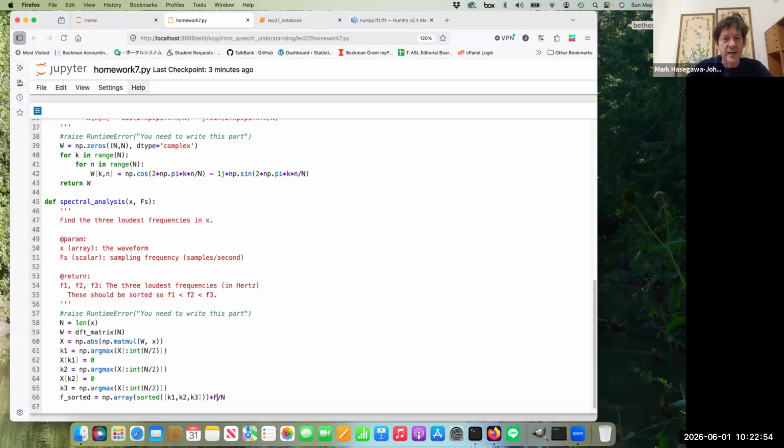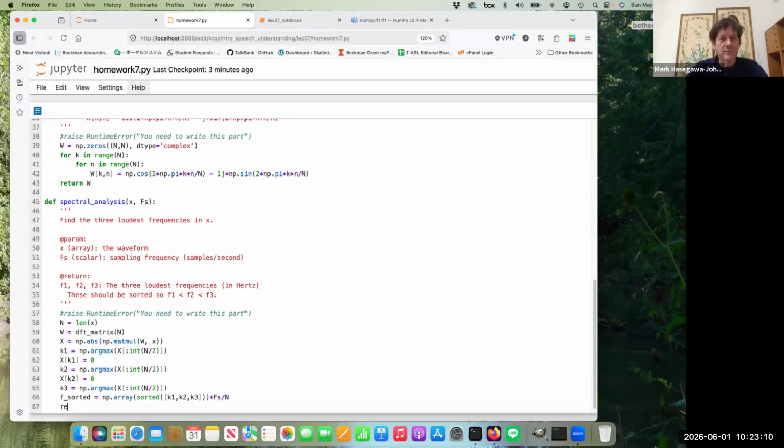We want to multiply times Fs and divide by capital N. There we go. So we've sorted K1, K2, and K3, turned it into a NumPy array, and then multiplied it by the sampling frequency and divided by the number of samples.